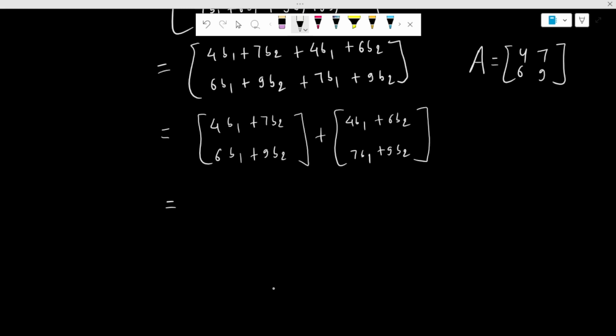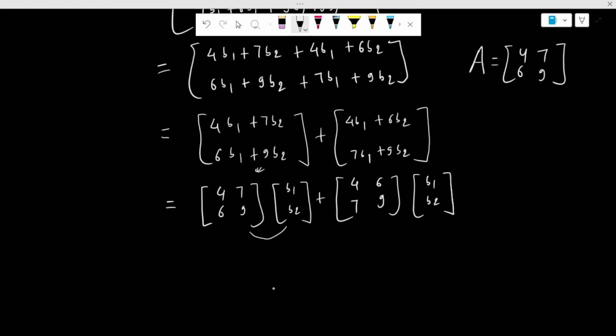Now let us segregate the constant and the variable. So we are left with a simple matrix multiplication plus, and let us follow suit in this case as well. If we compare the result, this matrix with matrix A, then this is simply 4 7 6 9, our matrix A, and beta 1 and beta 2. So the column vector of beta 1 and beta 2 is simply our vector beta, plus.